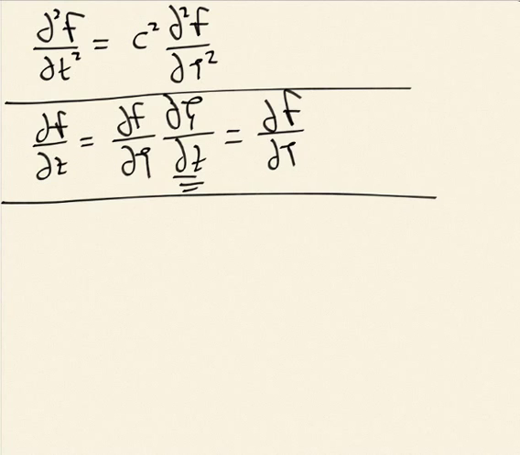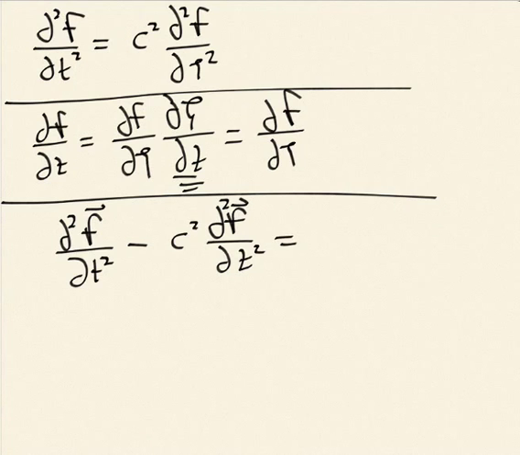So if I take a second derivative, I just get the second derivative with respect to squiggle. If I now plug that back into my equation, I'm considering this as a wave equation. F can be a vector, it's okay. So it could be the electric field as I've written it. So, 1 over c squared d squared f dt squared minus d squared f dz squared is equal to 0.